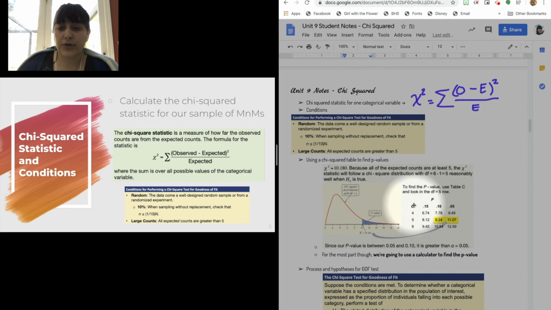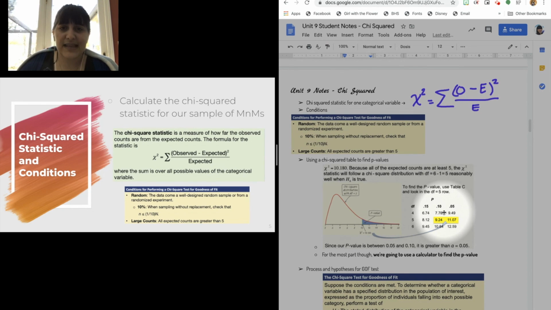You would look for the degrees of freedom right here on the left side, and then you would read across to find the two values that were closest to the chi-squared value that you calculated using this formula up here, the statistic. And then that would give you, see up at the top, a range for your p-value. So again, not something that's super useful because it doesn't give you an exact value. It only gives you a range.